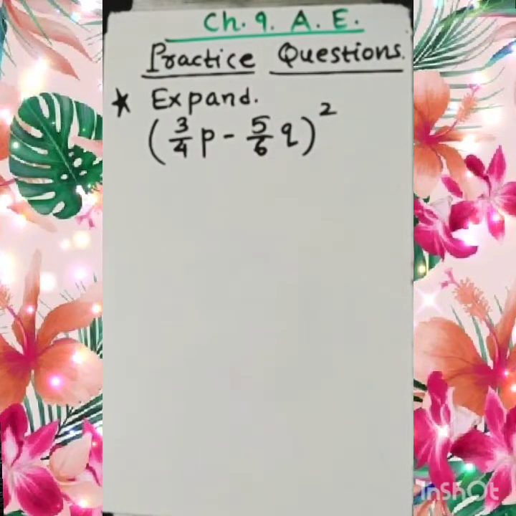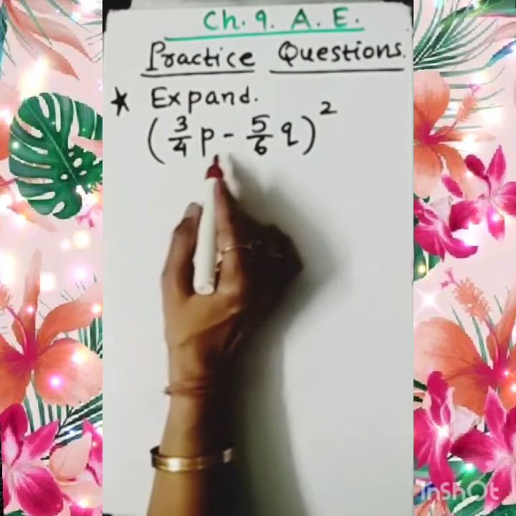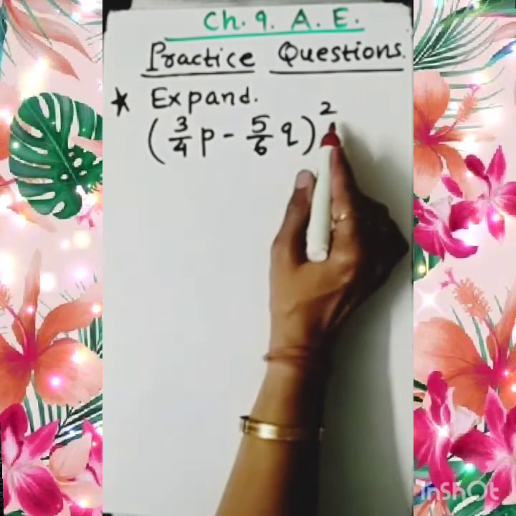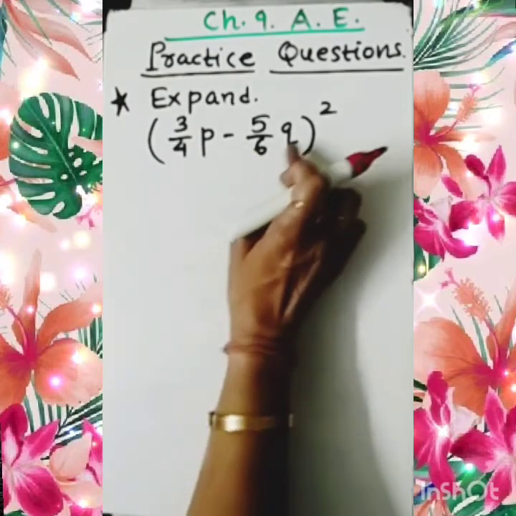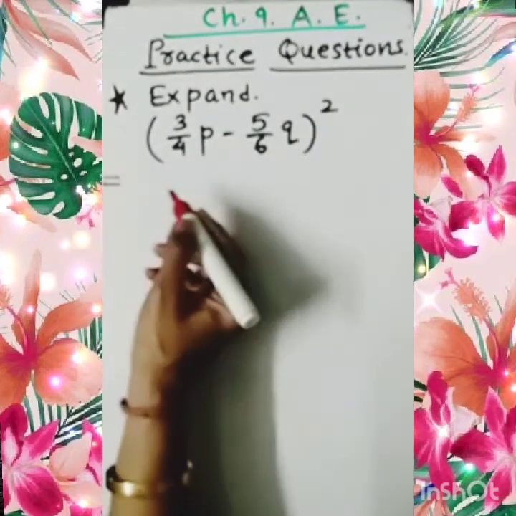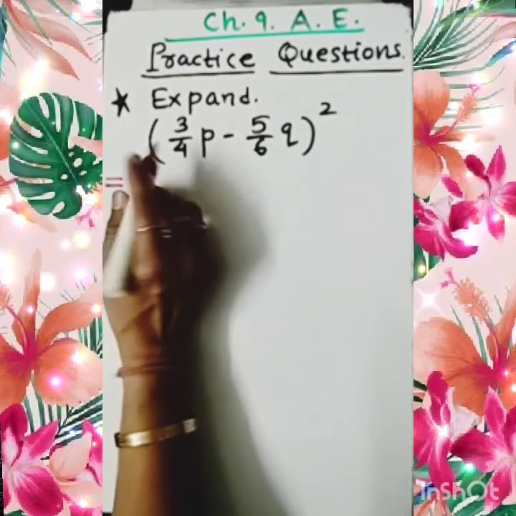We need to expand. Now, be a keen observer and think about which identity we need to compare it with. Okay, so we can see here this is (a minus b) whole square. So according to that, which identity do we have to go with?